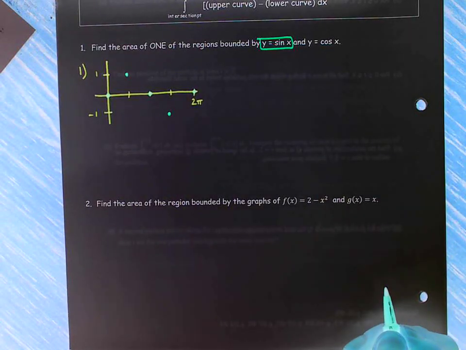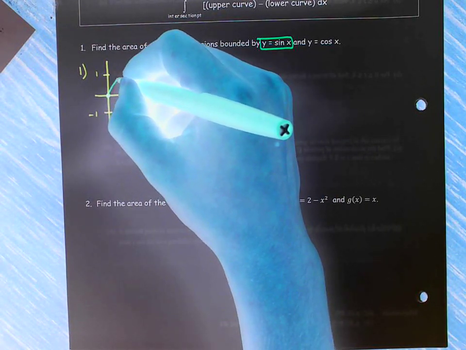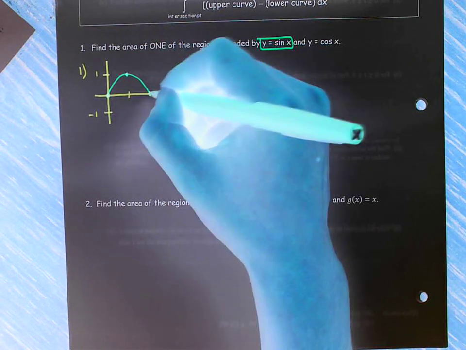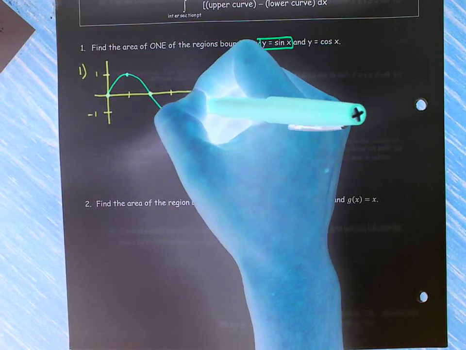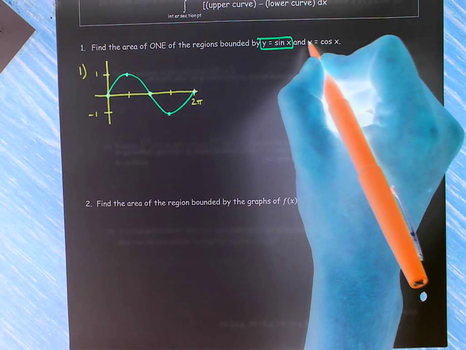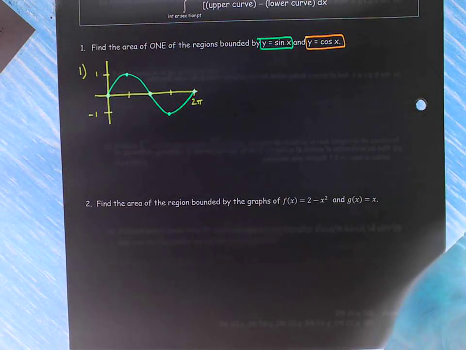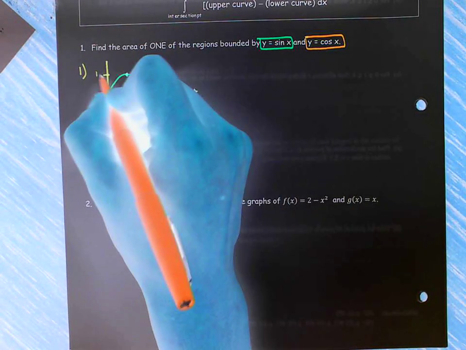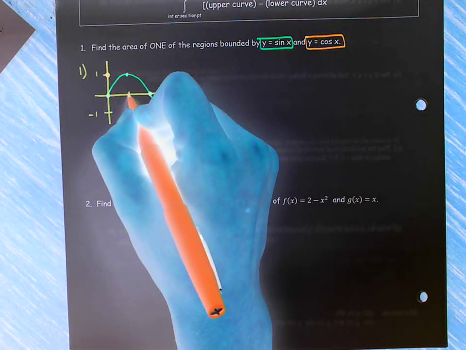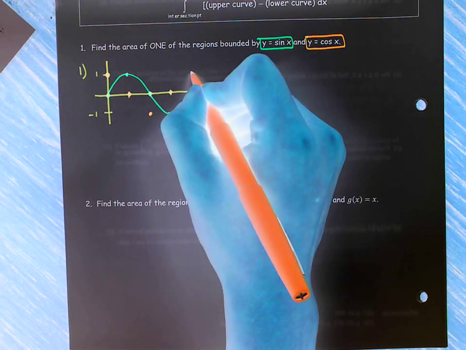So you guys can see your pre-calc coming back in. So here's that curve. And now I'm going to graph y equals cosine of x. Okay, cosine starts at the top. So I go top, middle, bottom, middle, top.